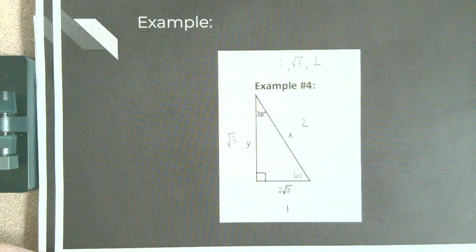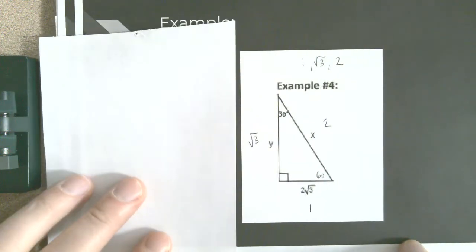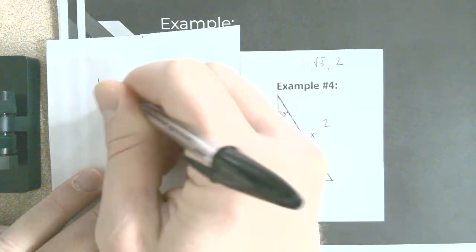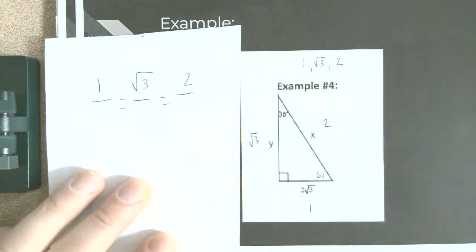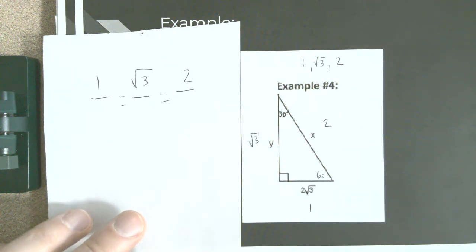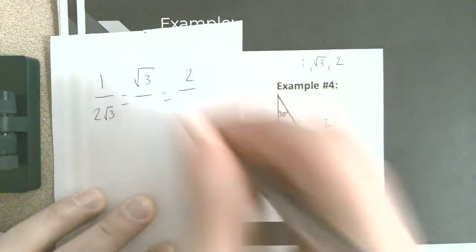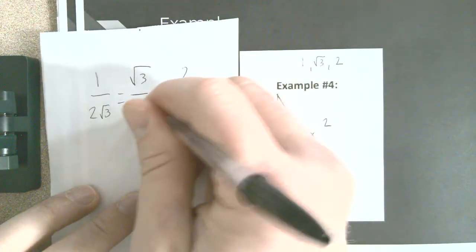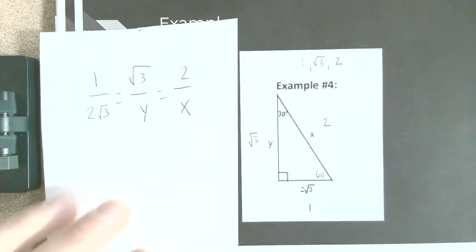So when you go about setting up your ratio here on this one, again, 1, root of 3, 2. The shorter leg is the 2 radical 3. The longer leg is the y. And the hypotenuse then is your x.